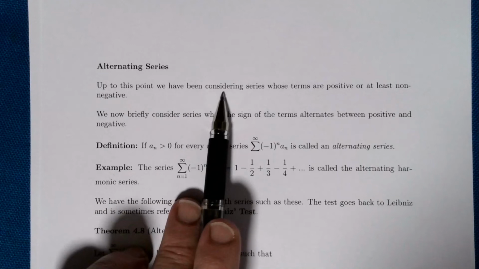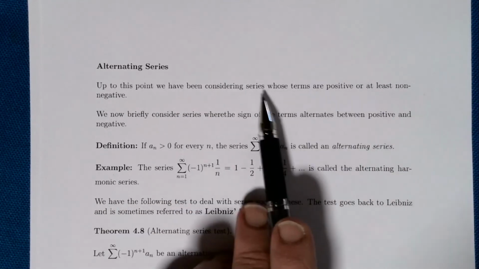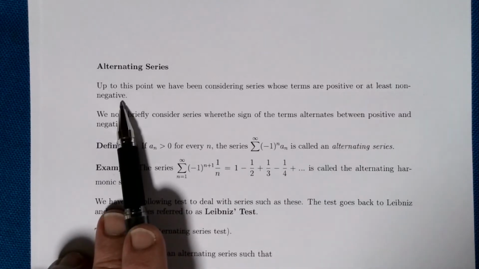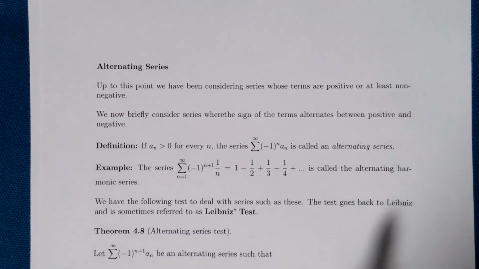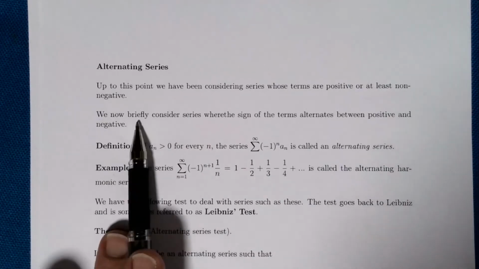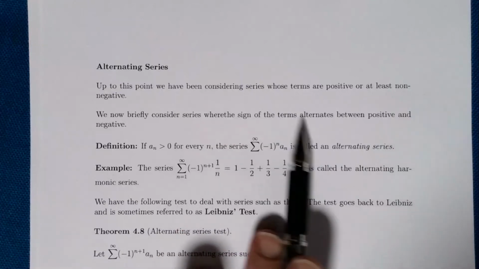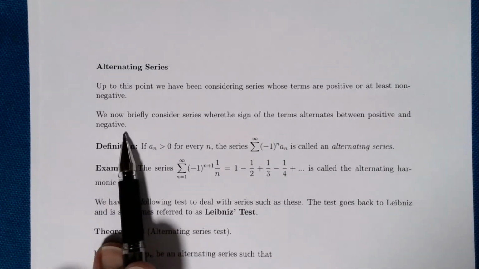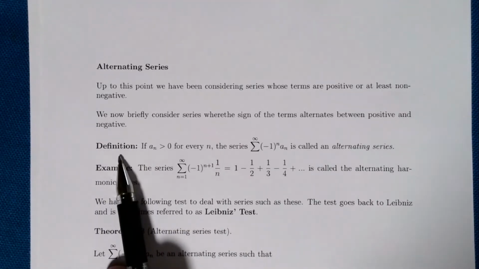So up to this point, we've been considering series whose terms are positive or at least non-negative. Some of them might have been 0, but they're at least positive or non-negative. I'm now going to consider series where the sign of the terms alternates between positive and negative, and I'm going to define what we call an alternating series.